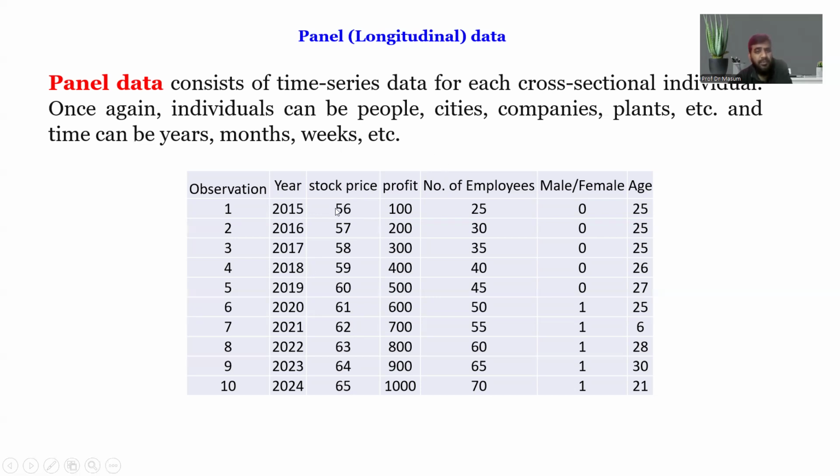So especially, sir, we deal with panel data in econometrics or also in business analytics. Sir, is it the most complex data? Because I can see it includes all the other three data features. Yes, all the features of all the data are here.